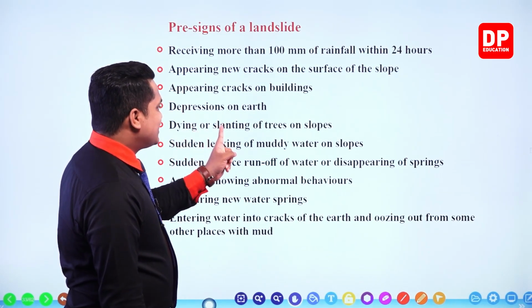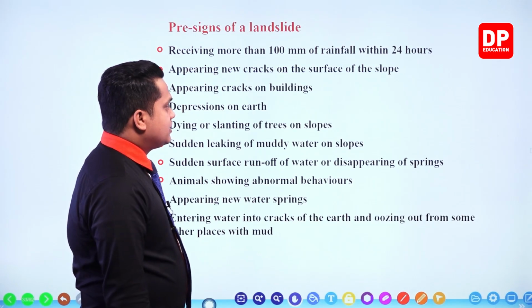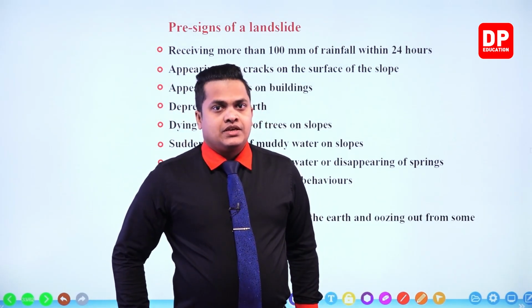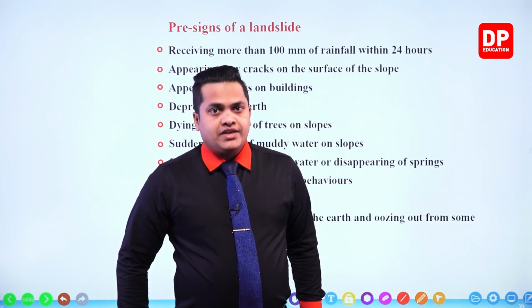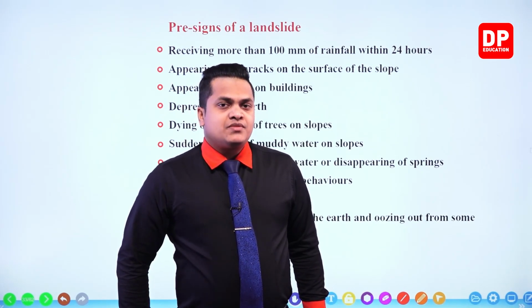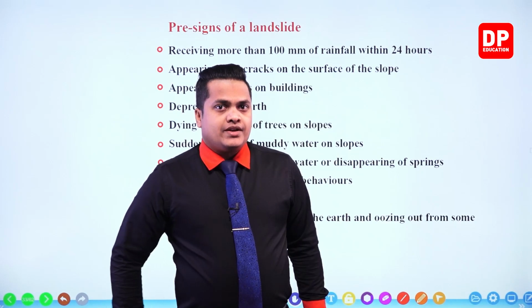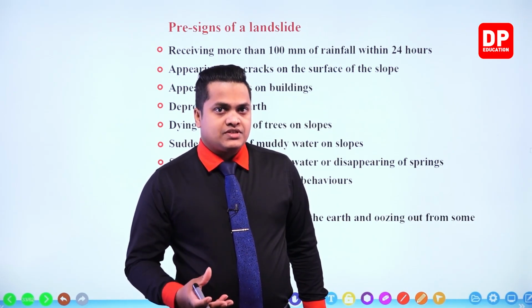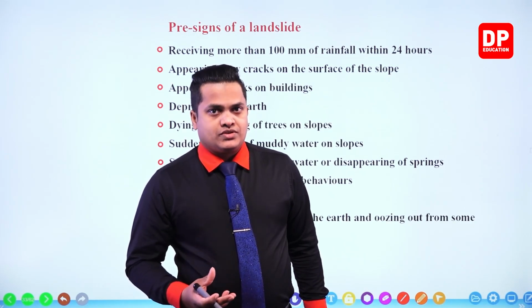dying or slanting of trees on the slopes. Now if there are trees on the slopes, sometimes these trees may die. It's mainly because roots are interconnected with water sources.